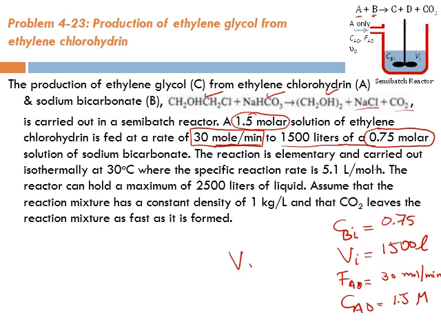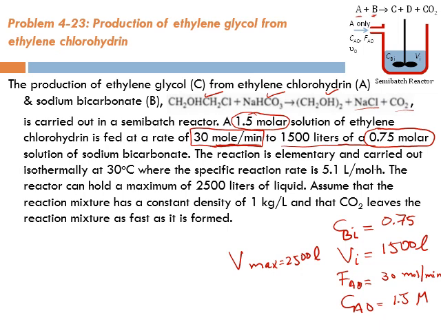So Vmax is 2,500 liter. Assume that the reaction mixture has a constant density of 1 kg per liter and that CO2 leaves the reaction mixture as fast as it is formed.